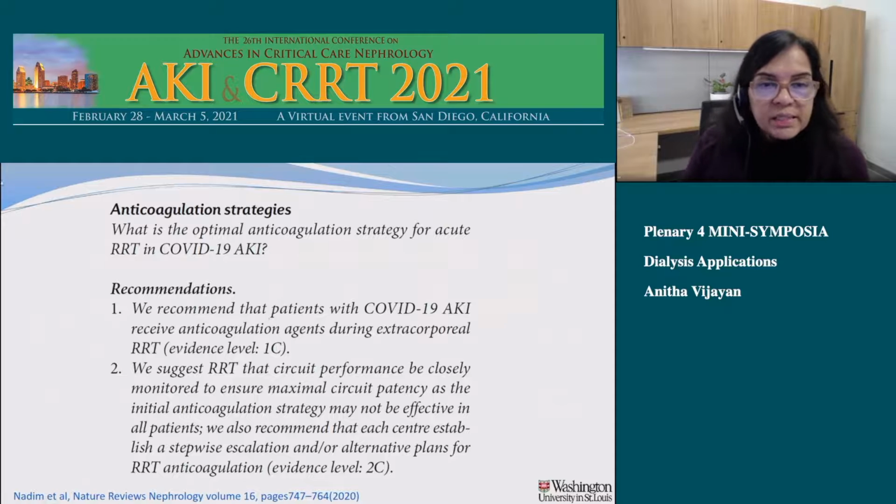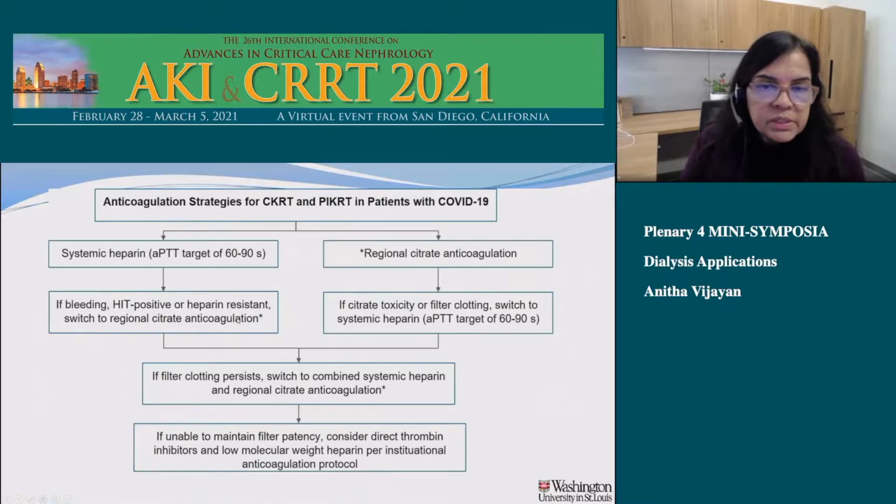Now, what anticoagulation should you use? This is an example of what we recommended here. Systemic heparin was recommended with a PTT of 60 to 90 seconds. Now, if you are a center that's normally using citrate, you can start out with citrate. If one doesn't work, or if a patient develops bleeding with heparin or is HIT positive, you can switch them over to citrate. Or if citrate is not working, you can try heparin alone or use the combination.